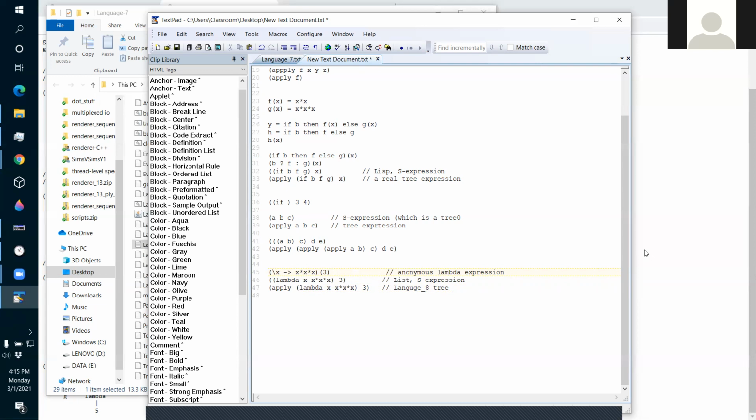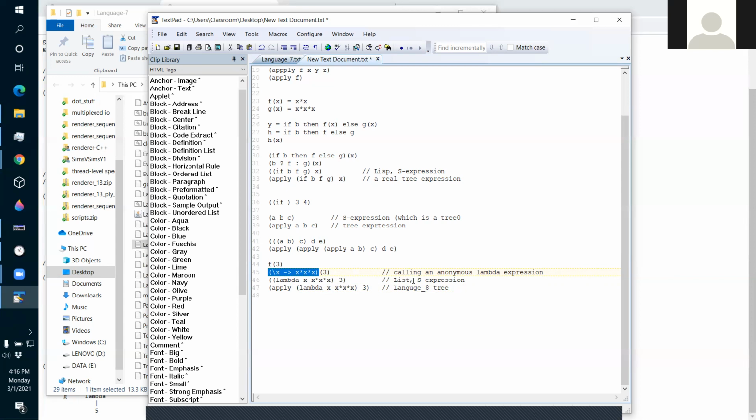So I'm calling an anonymous lambda expression. That's kind of like the notation you would be most closely used to, like C or math-like notation. There's the function, f of 3. What's f?